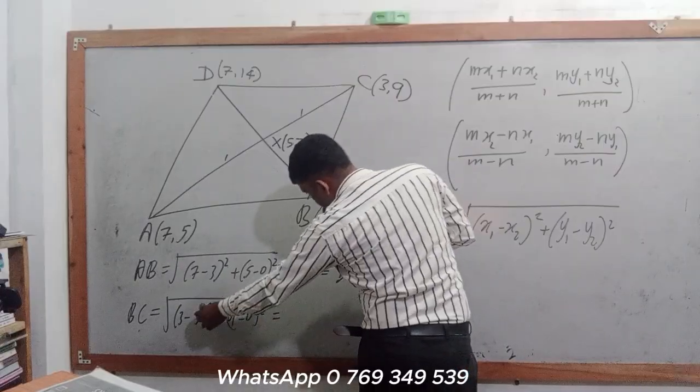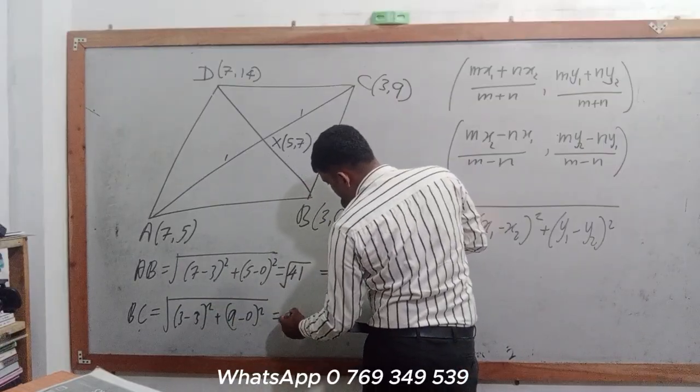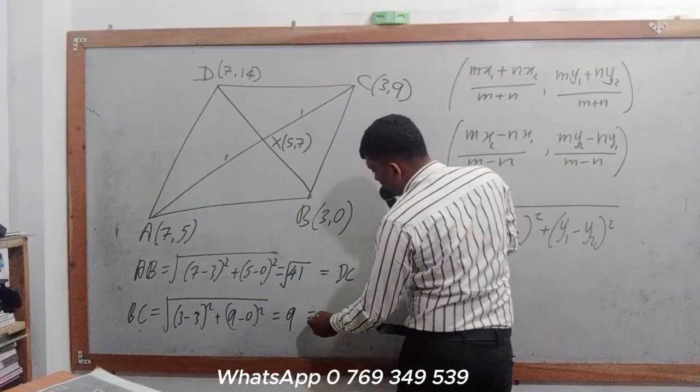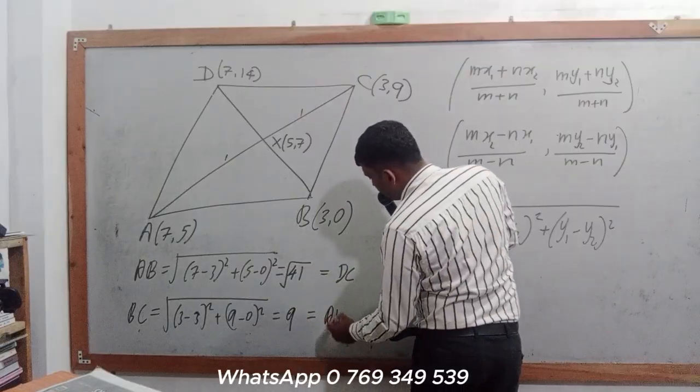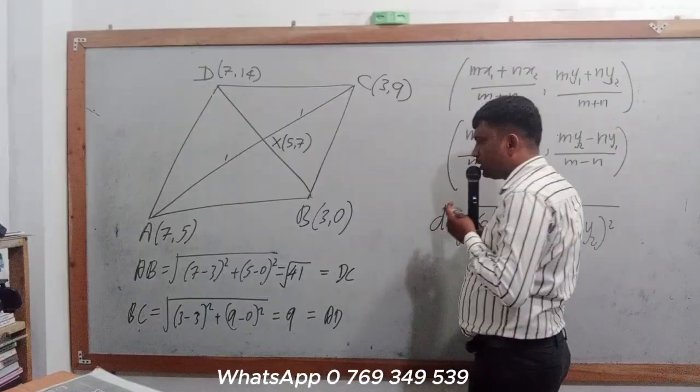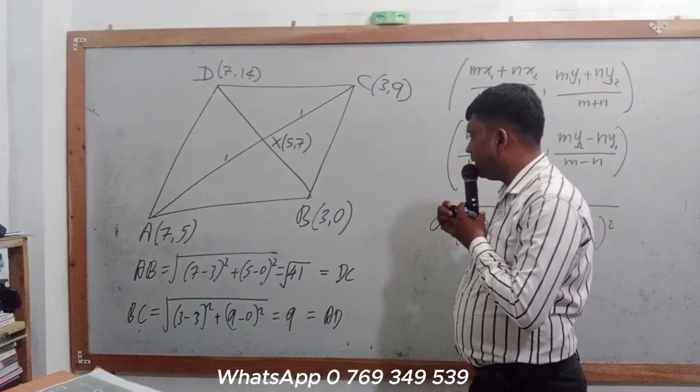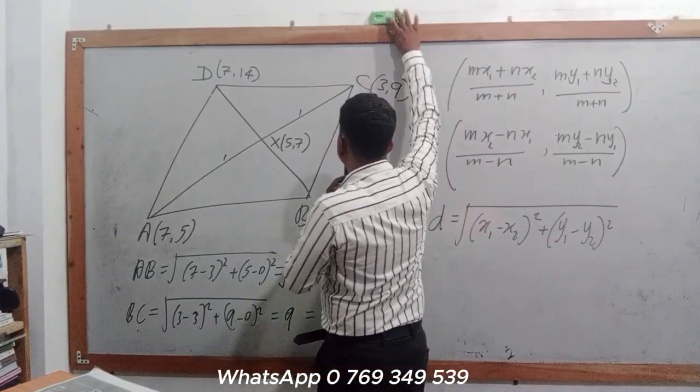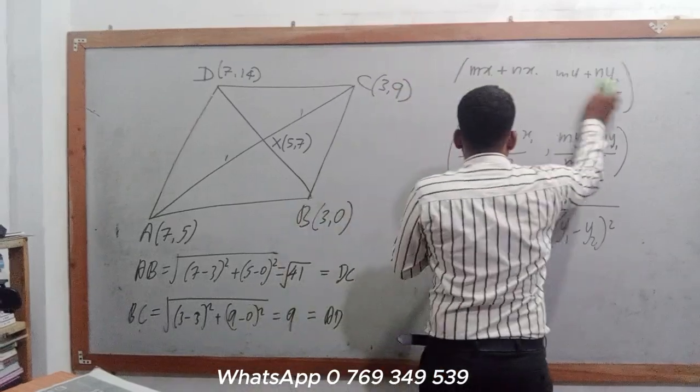That one also, this is the 0 and 9 is square, root 81, that is 9. Therefore, AD also same, right? Sides are complete. AD also same.